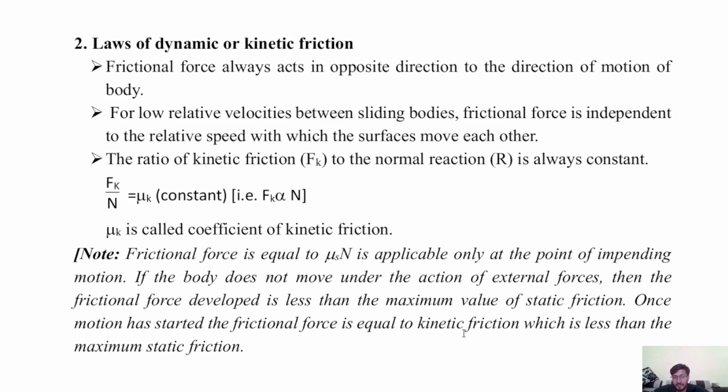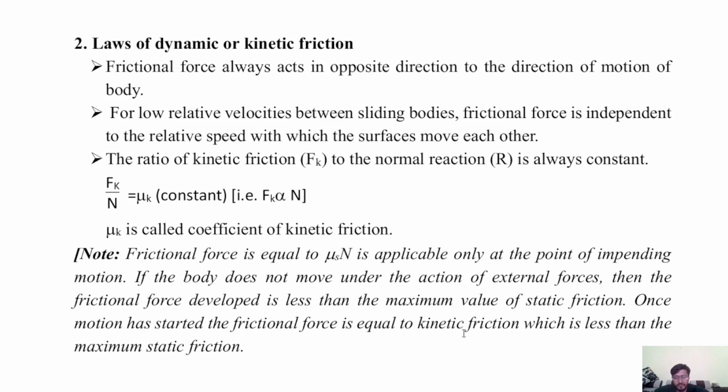And here are the laws of dynamic or kinetic friction. Dynamic or kinetic means the body is in motion. So frictional force always acts in the opposite direction to the direction of motion of the body. For low relative velocities between sliding bodies, frictional force is independent of the relative speed with which the surfaces move over each other.